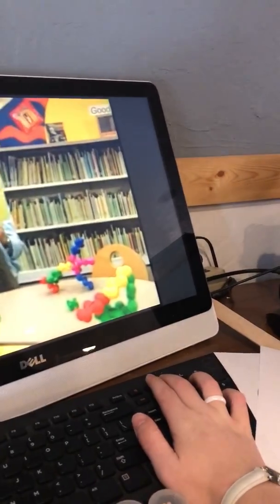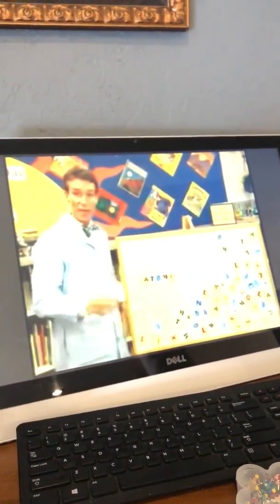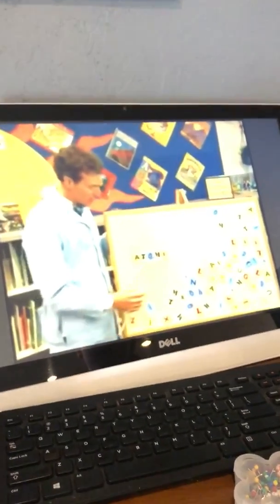Because atoms are the basic building blocks of all matter. Atoms are like the letters in the alphabet of the universe. So look what happens when we combine these letters. We get words.